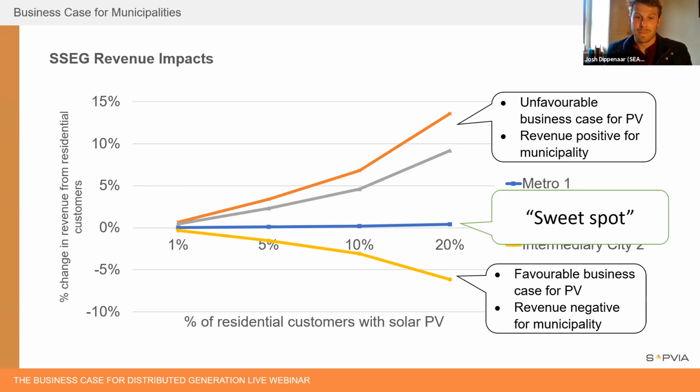And then on the other hand, the line going downwards, it's a little bit of a loss in revenue, but a very favorable business case for PV. And some municipalities say, you know what, we're happy to lose a little bit of revenue on electricity sales because we're supporting this industry, it's green growth, it's local economic opportunities, local jobs. So at the end of the day, it's the municipality's decision what they do, but this is maybe a useful framing for it.